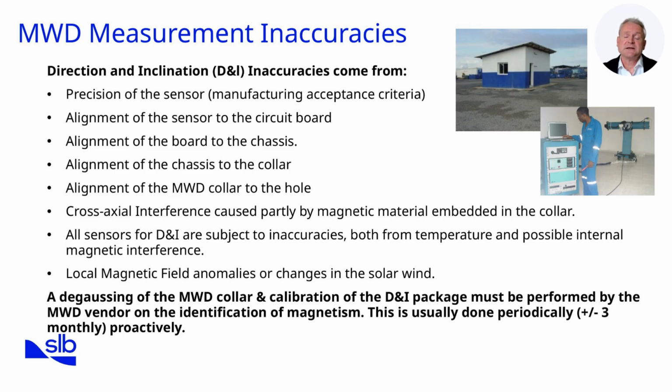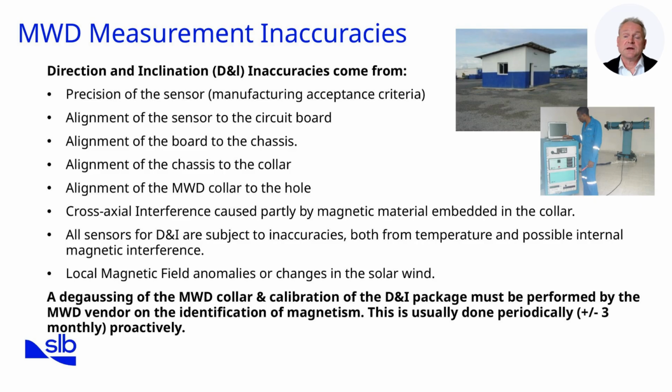Factors contributing to these errors include the manufacturing tolerances of the sensors, misalignment between the sensor, circuit board, chassis, and collar, as well as issues with how the MWD collar aligns with the borehole itself. Cross-axial interference caused by magnetic material within the collar can also distort results. In addition, local magnetic anomalies or disturbances caused by solar activity introduce further complications.